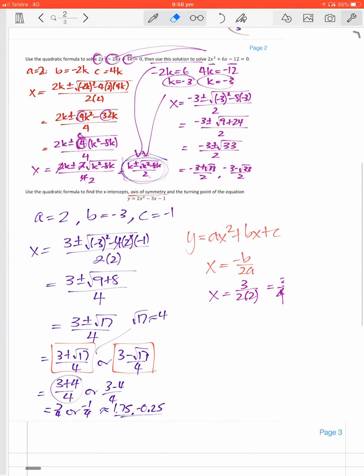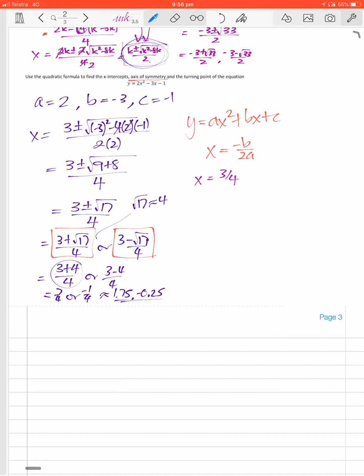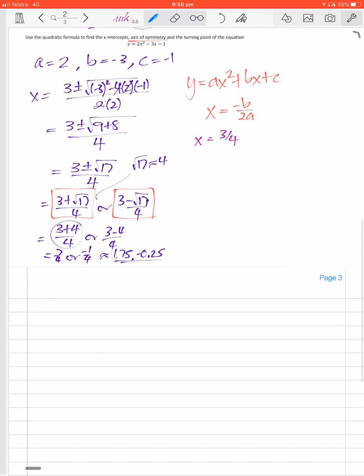Okay, so that's 3/4. If I want the turning point, we've got to complete the square. So I'm going to do that down here. So y equals 2x squared minus 3x minus 1.